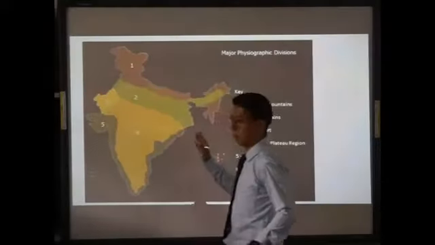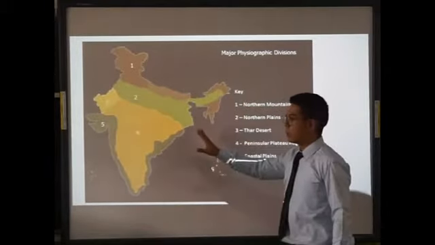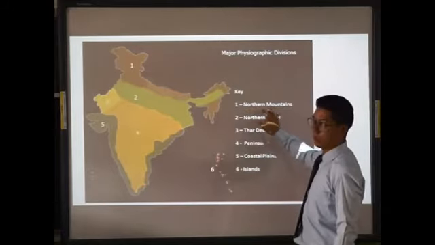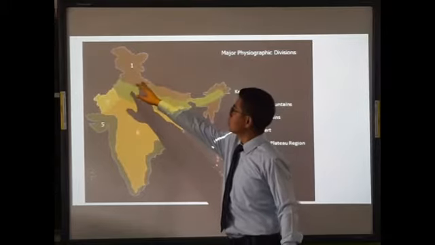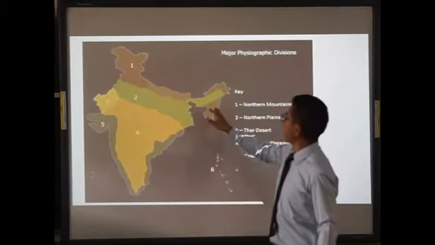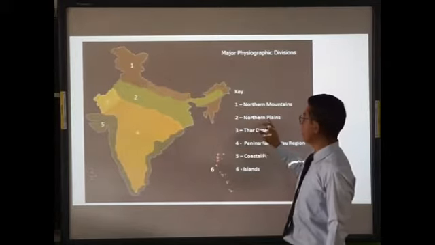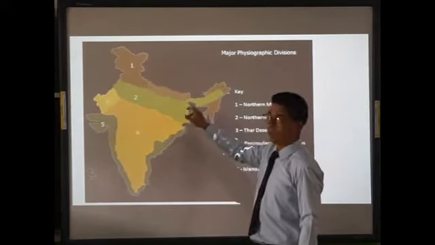You can see in the map the numbers are there. The first number is northern mountains, in dark brown color. Now number 2, plains. When you talk about northern plains, this is in green color.